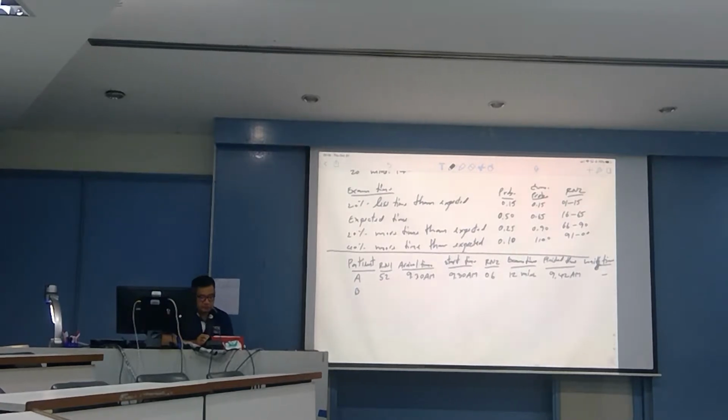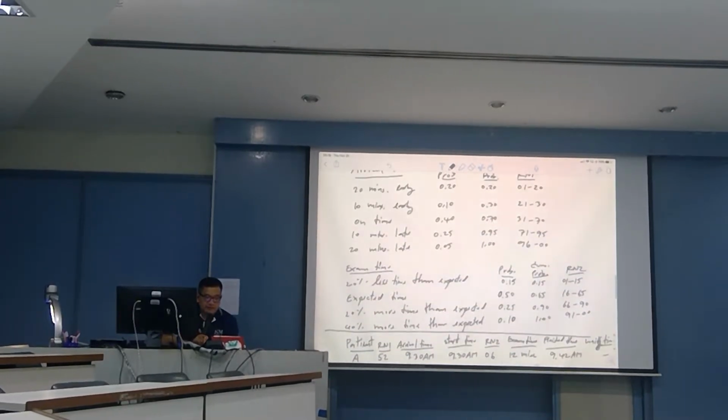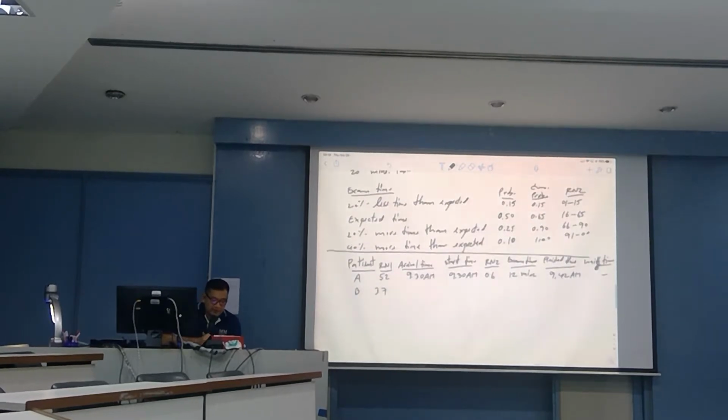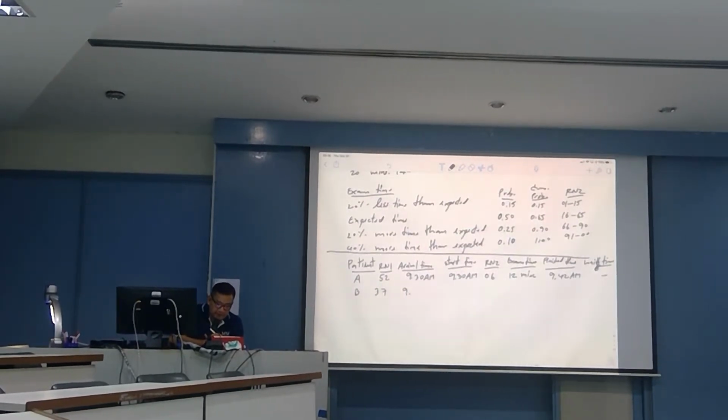Brown. The number is 37. 37 is in the range of 31 to 70, so Brown arrives on time. Arrives at 9:45. The doctor finished with Adam at 9:42, so Brown can start at 9:45.